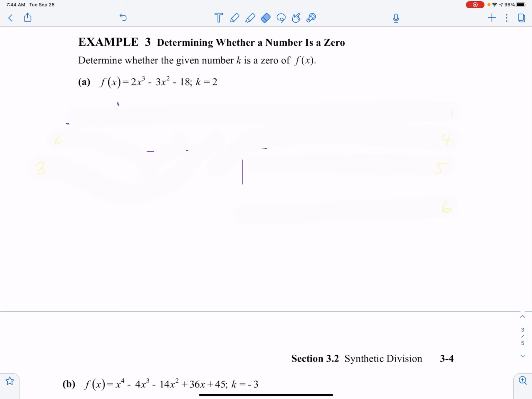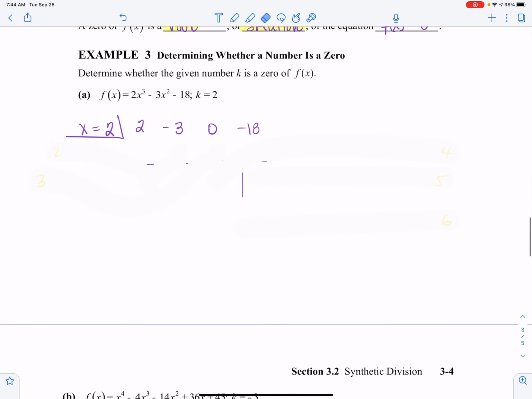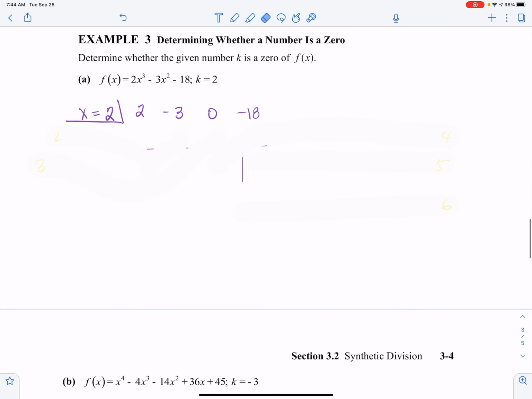Let's go ahead and use synthetic division. So we'll get our coefficients. Now, you'll notice that I did change my formatting just a little bit here. The way that I wrote them up here is the way that my lab does it, and the one down here is a little bit more common. They mean the exact same thing. So the first thing you want to do is bring your 2 straight down.